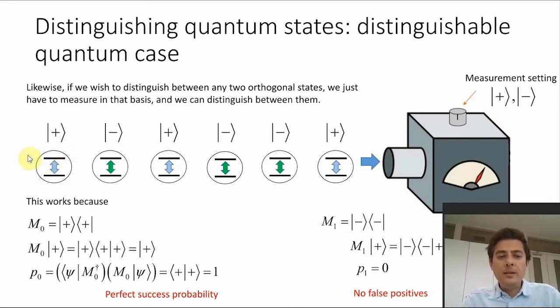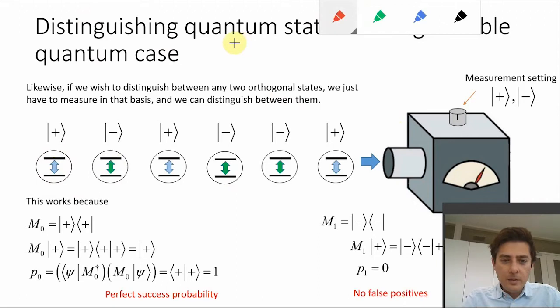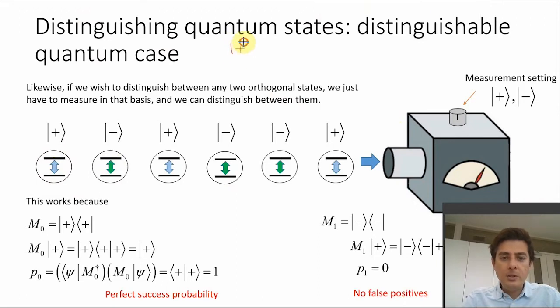Say these blue ones are in the plus superposition, which is just the superposition of the two states, 0 and 1. Here the 0 and 1 are the two levels of the atom.